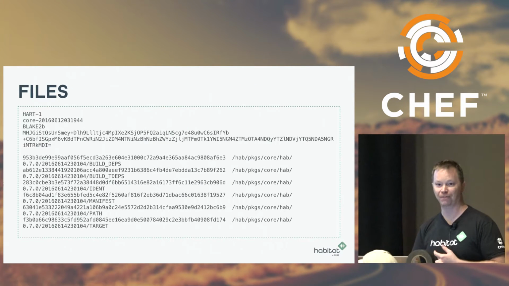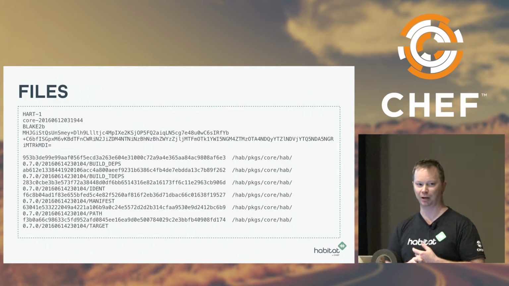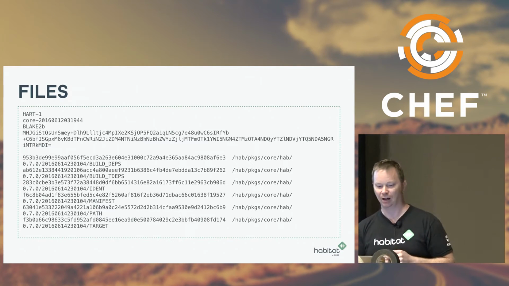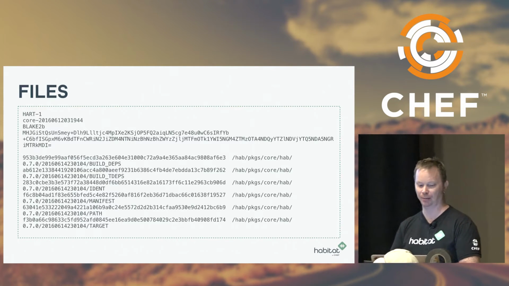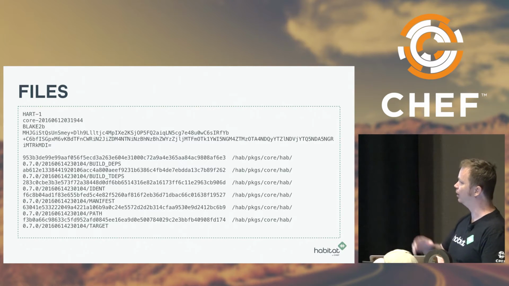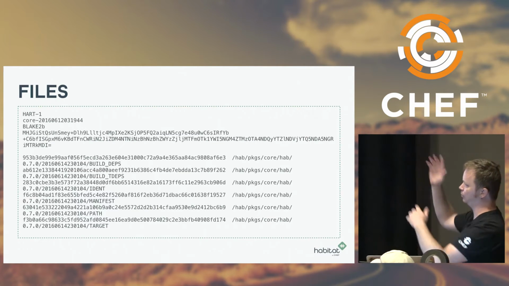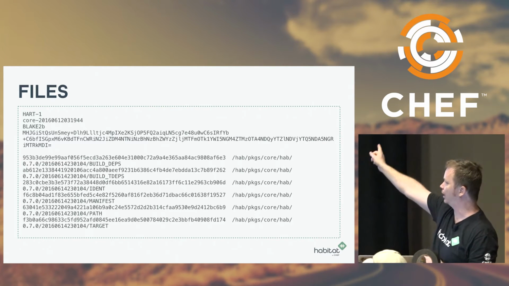We also have a file called files. And this is a list of all of the files in the package when the package was built. And we have the Blake2b checksum, a hash of the content, for every file. Now the slide isn't wide enough because those checksums are really long, but just imagine that those are all one line each.